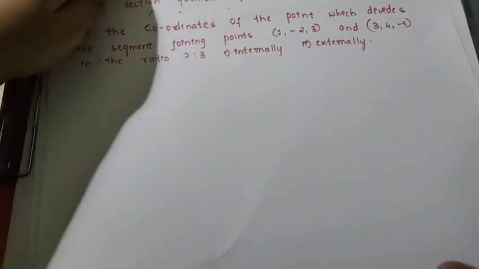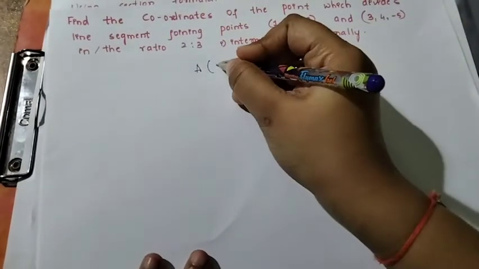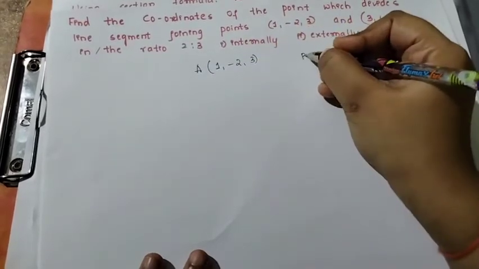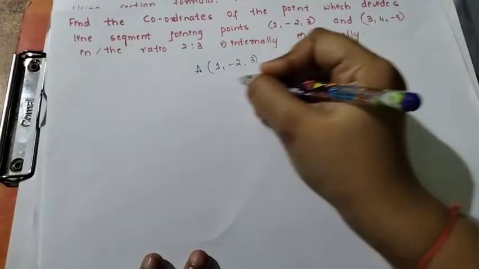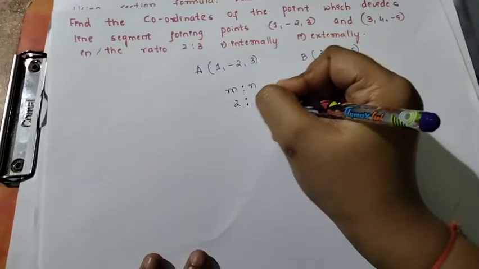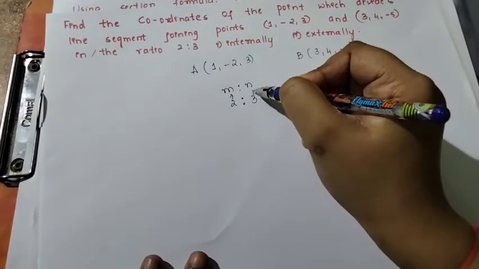So I take one point A as 1, -2, 3, and the other point is 3, 4, -5. The dividing ratio m is to n is 2:3. Okay, m value is 2 and n value is 3.